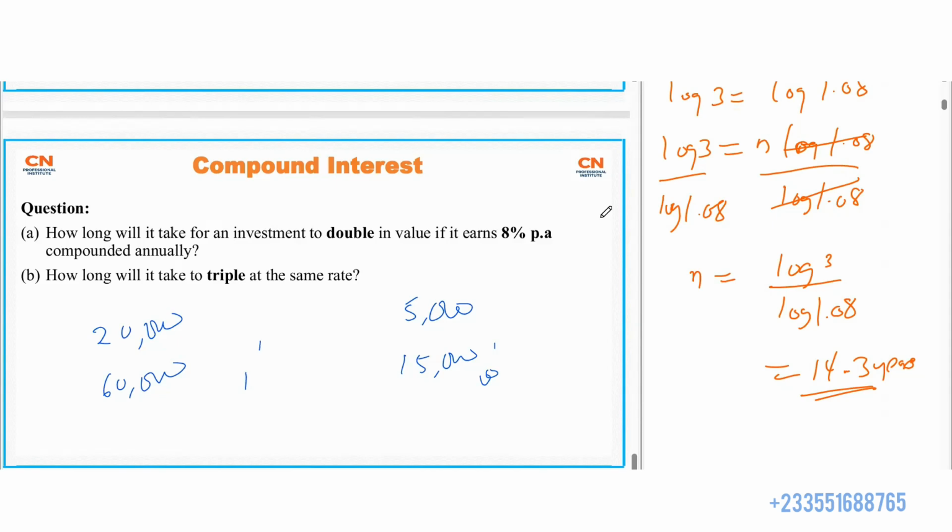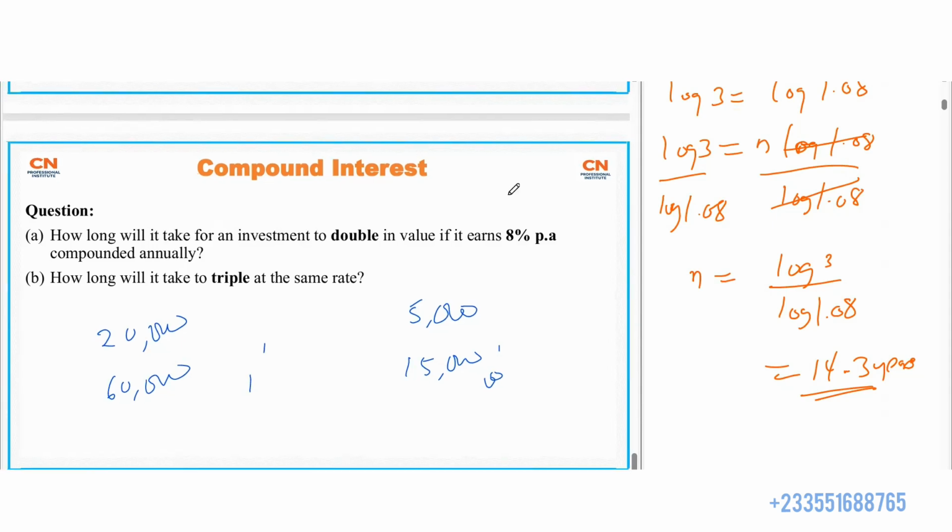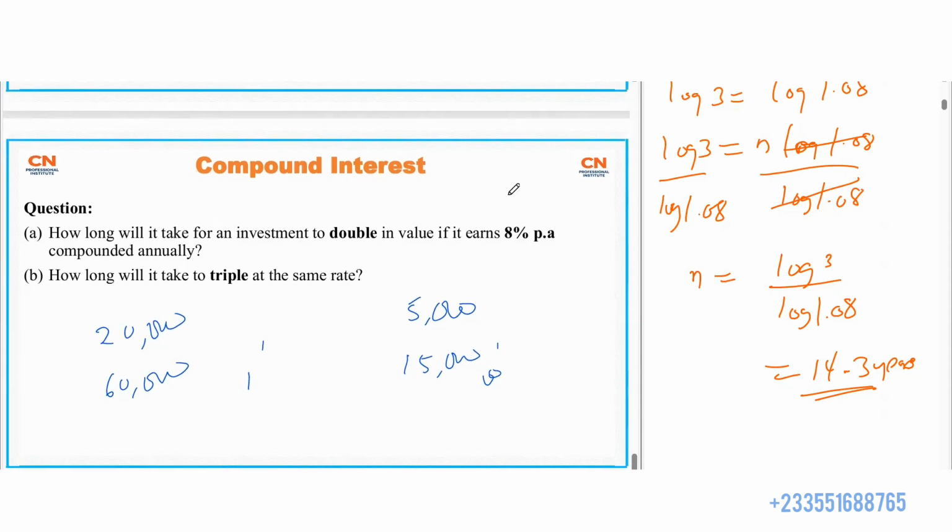How to calculate sinking fund, how to set up a sinking fund to meet future expenditure, loan amortization. So you can check videos on that, and then you practice more questions. And you'll be fine.